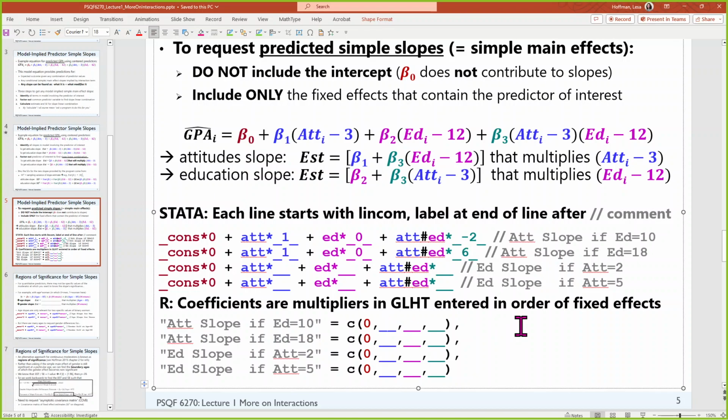You just have to use the context of your output to say which one. So I need 1 beta 1, no beta 2s, and this many beta 3s. Likewise, this one would be this, and 6.